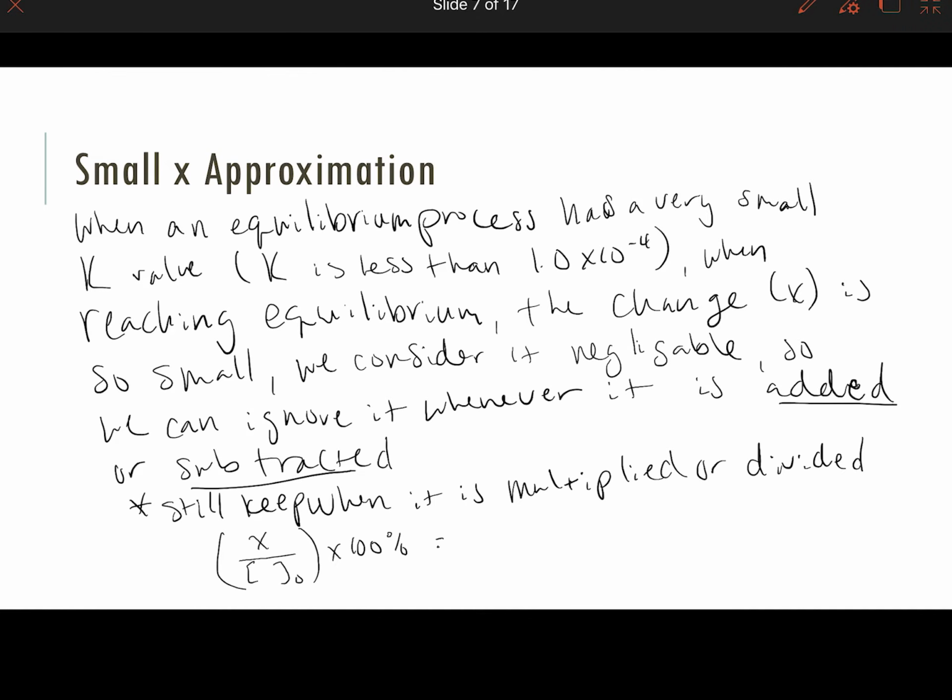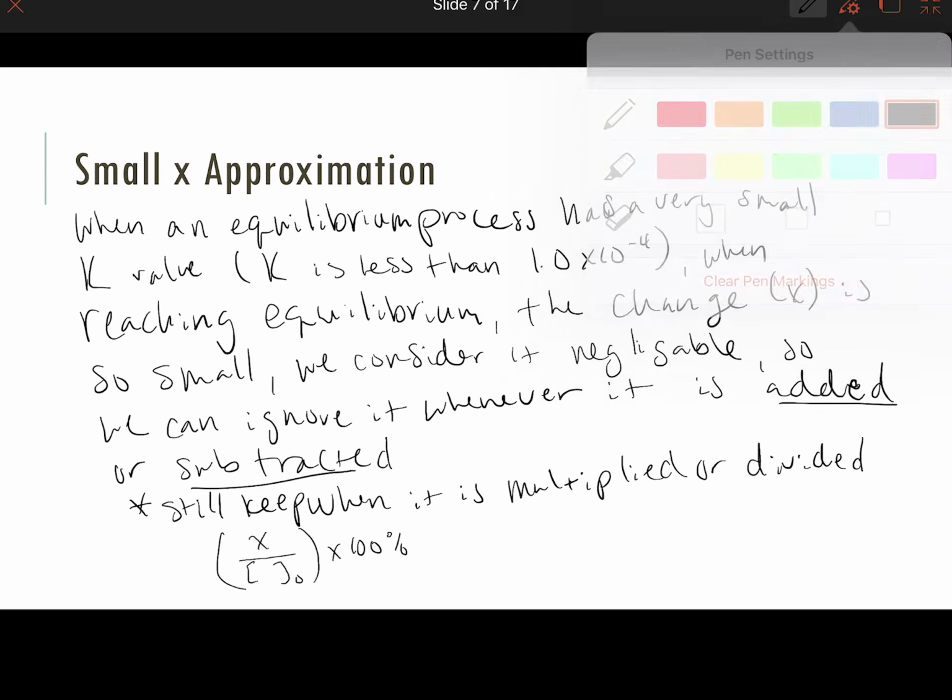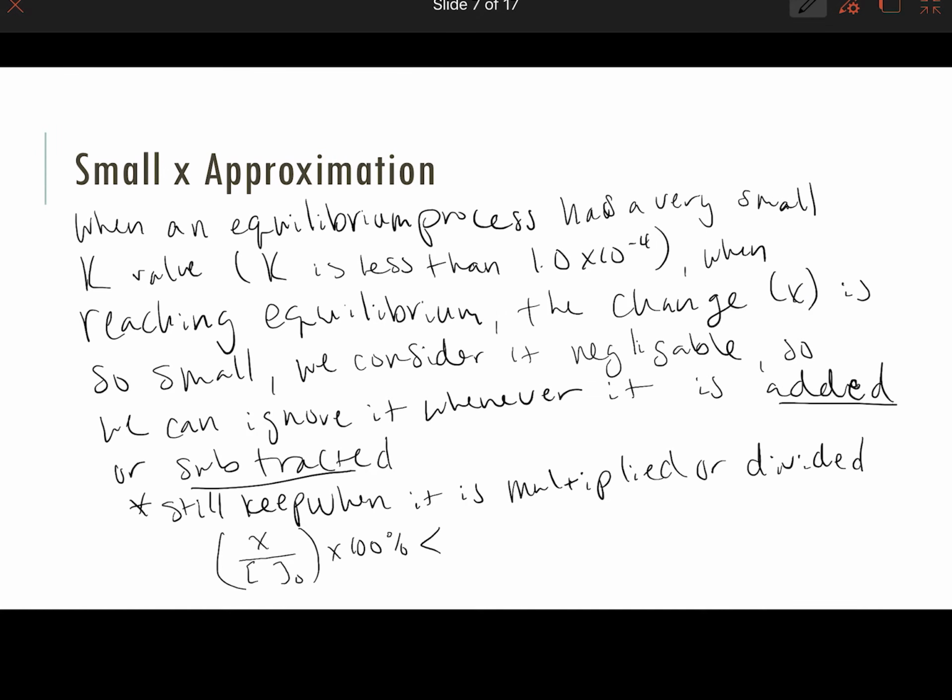And if this value right here is less than 5%, then it's a valid approximation.